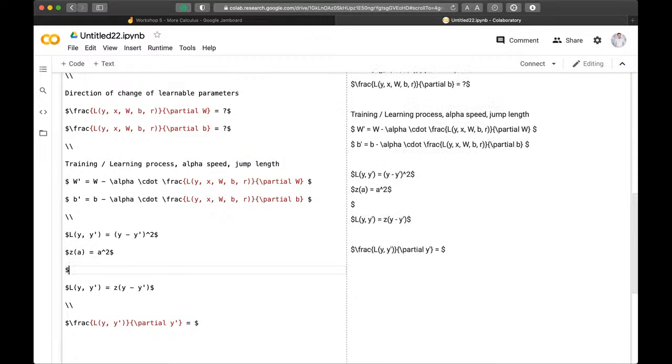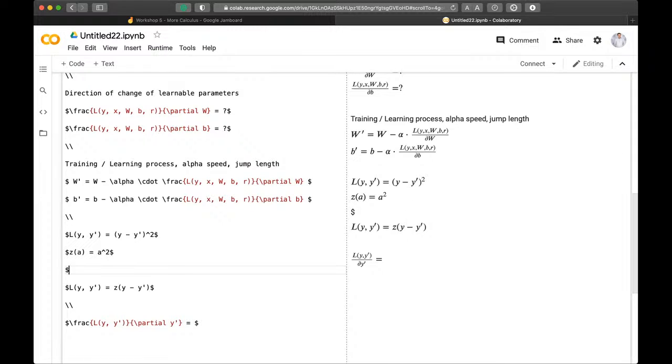So we have z, what else can we use? Let's say u. Okay, let's use u. The u function will be this, y minus y prime, like that, right? And now this guy will be like this, y minus y prime.